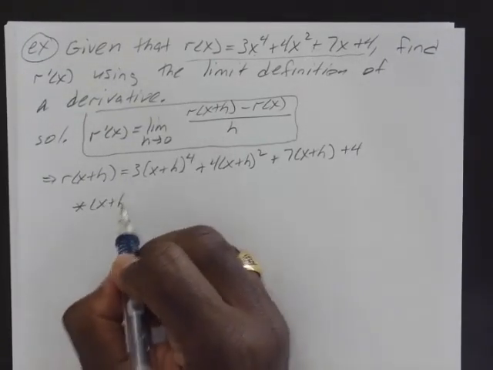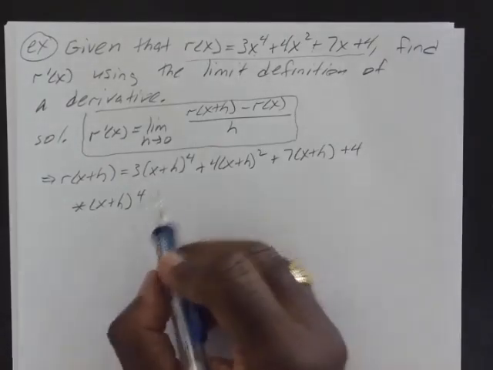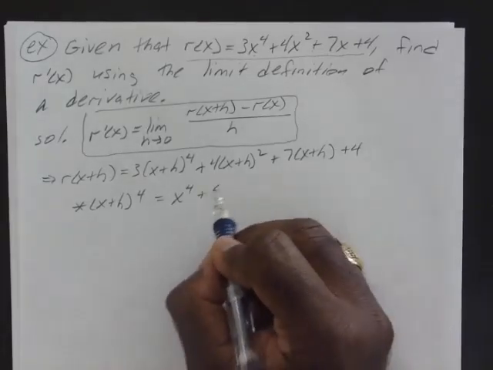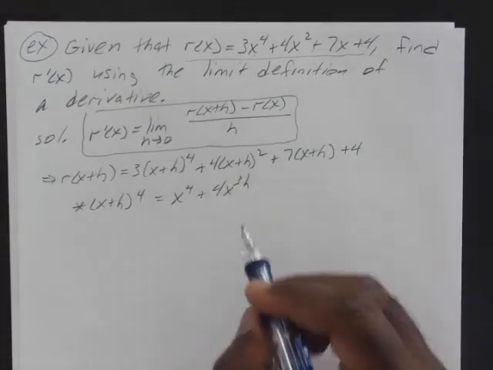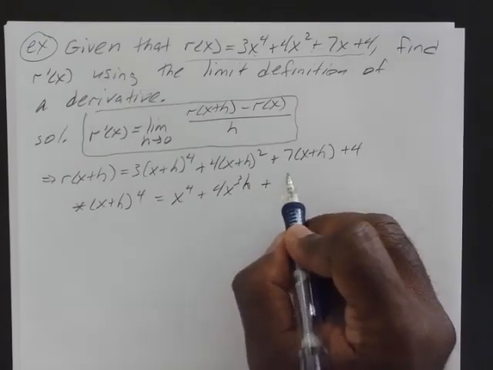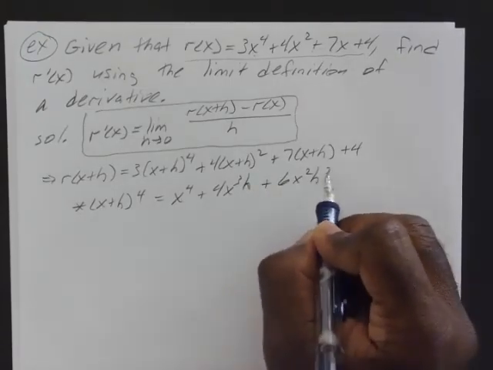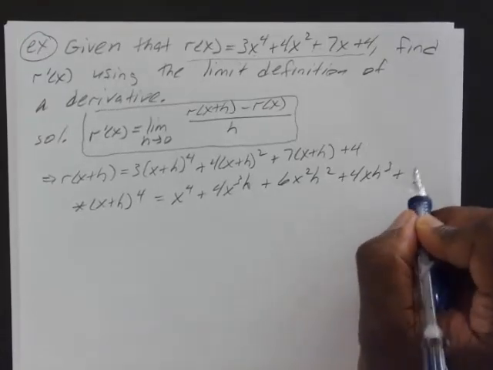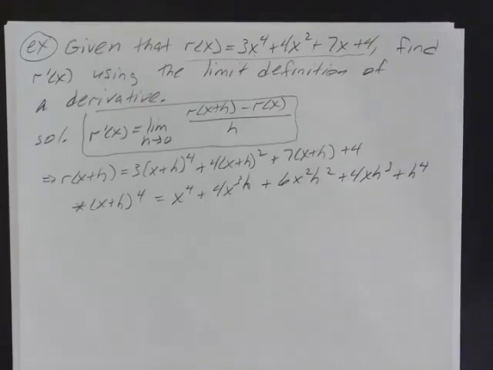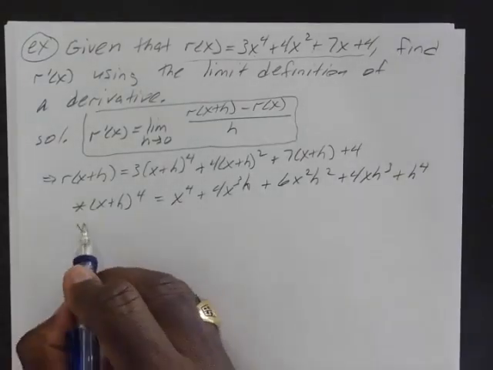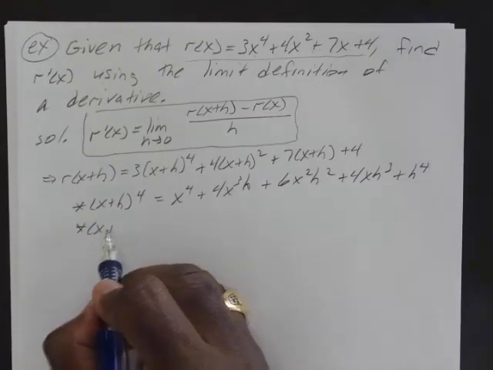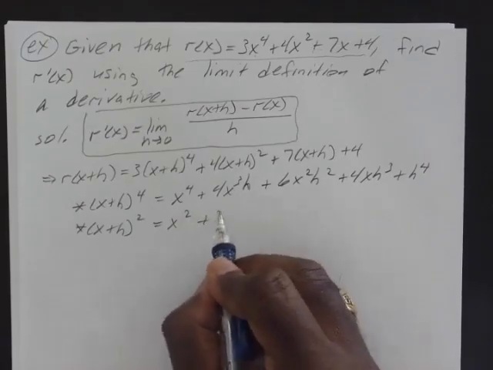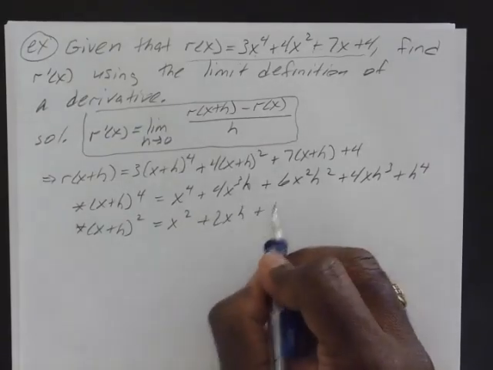Our x plus h to the fourth power is equal to x to the fourth power plus 4x to the third h plus 6x squared h squared plus 4x h to the third power plus h to the fourth power. And our x plus h squared is equal to x squared plus 2xh plus h squared.